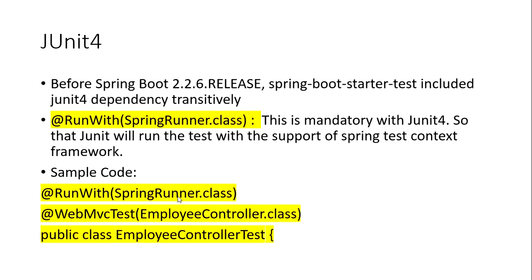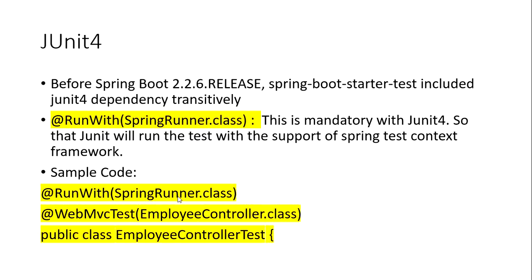Afterwards, Spring Boot launched the JUnit 5 framework instead of JUnit 4. However, they also took care of JUnit 4 backward compatibility by adding a JUnit 4 vintage engine along with the JUnit 5 framework.